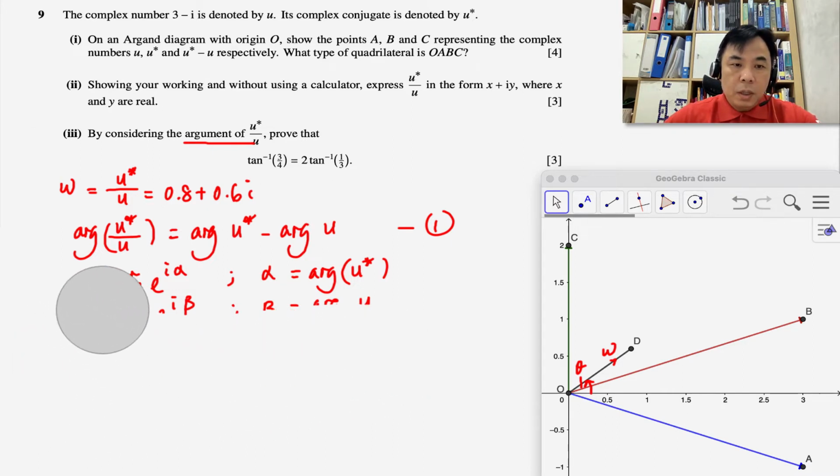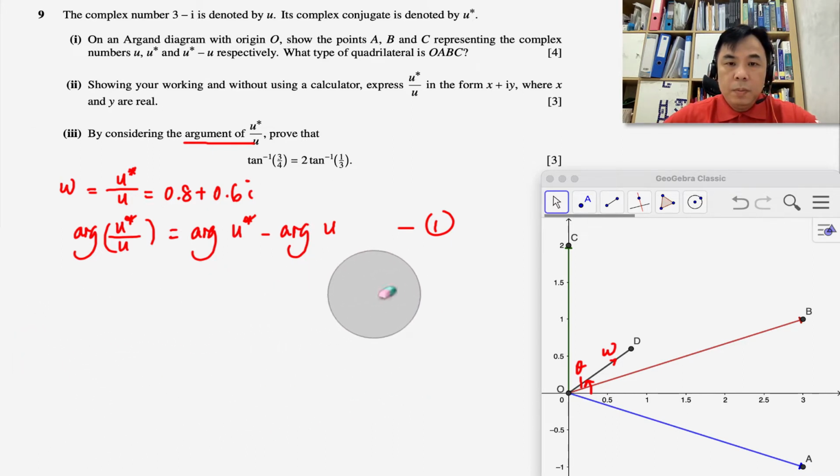Let me clean this up here. We don't need this anymore. From here, we're going to apply this directly, as I mentioned before.